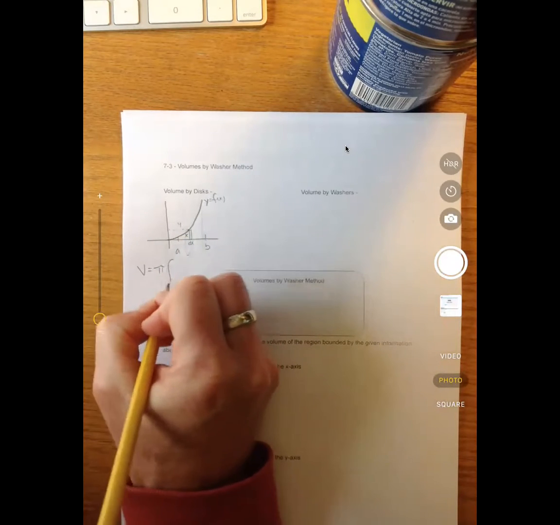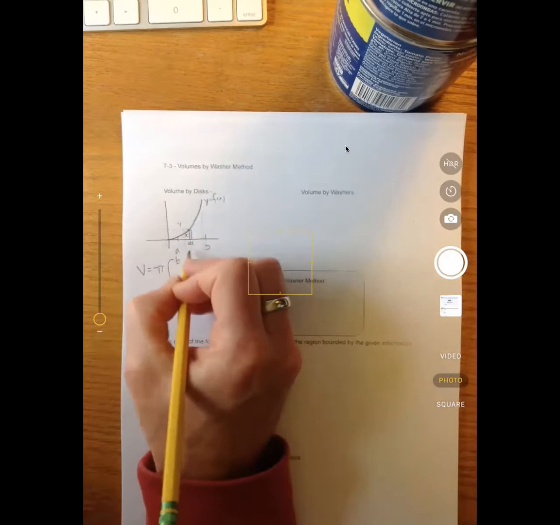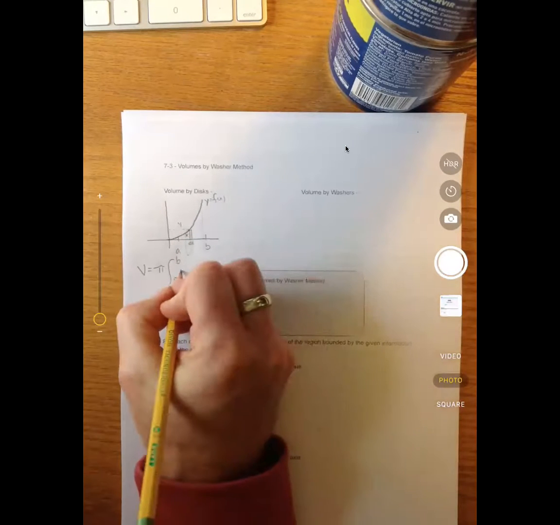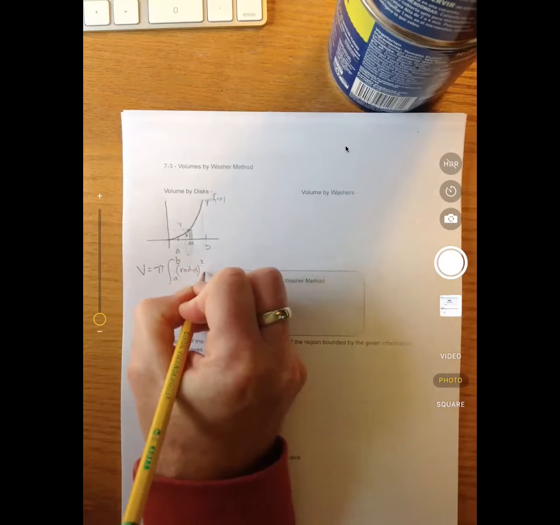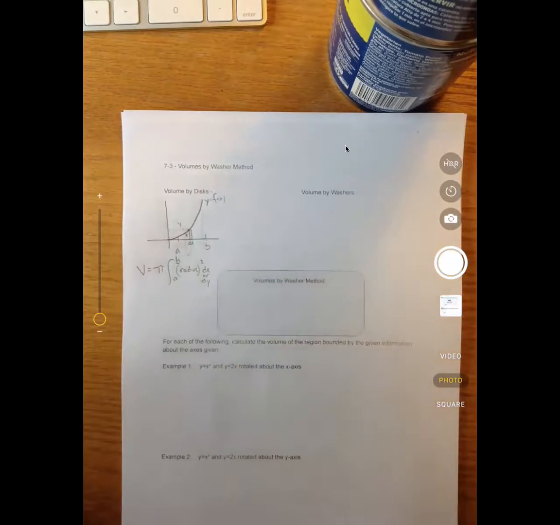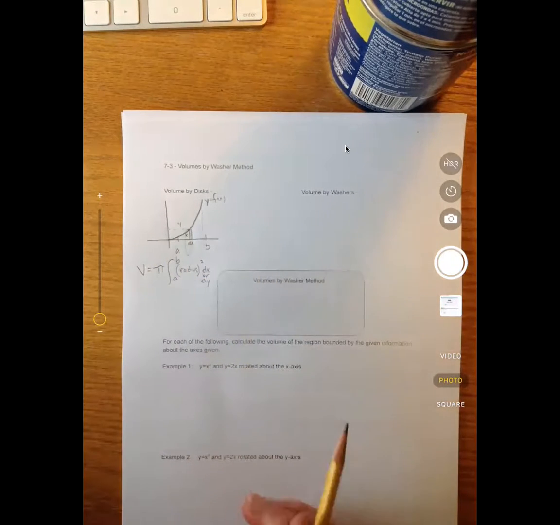So pi, summing them all up, r, the radius of that disk, in this case is going to be x, or the function. So I'm just going to say radius in general squared and dx or dy. Those are general formulas. And we spun it around the x-axis, the y-axis, and other axes as well.